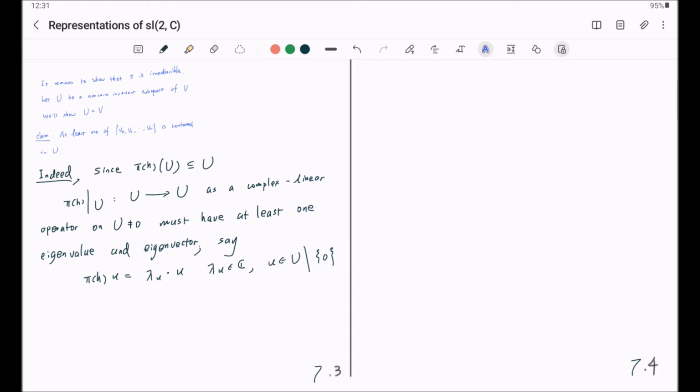But remember, from the definition, pi of h applied to v_i equals (n minus 2i) applied to v_i, where i is 0, 1 through n.